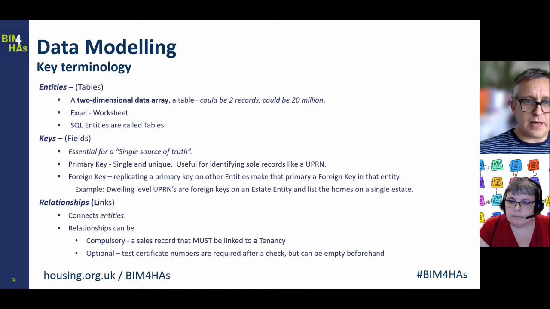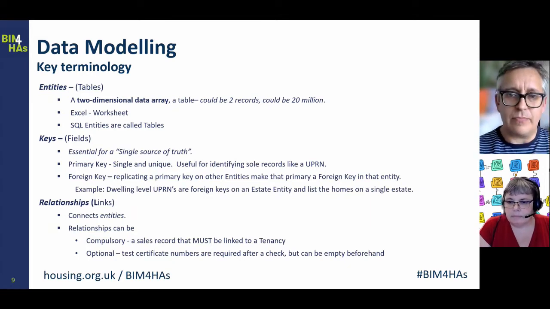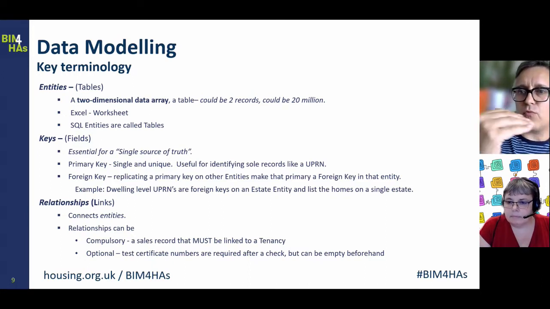So an example would be a dwelling level UPRN or dwelling level address. They might be the foreign keys on an estate scheme table or an estate scheme entity. And they would list all of the homes on a single estate. Those would all be the foreign keys derived from the other primary key into that single estate table.